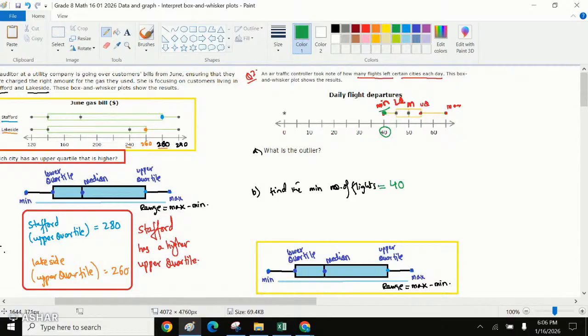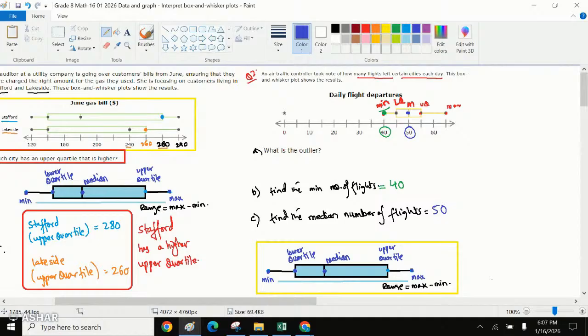Same way, if they would say find the median number of flights, that would mean where is the median? The median would be 50, right?